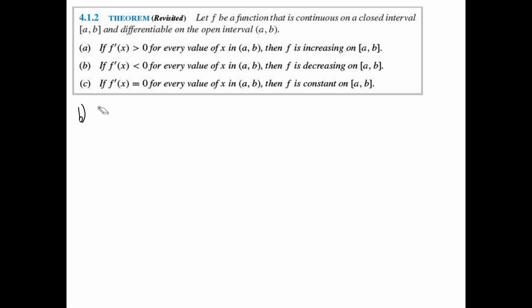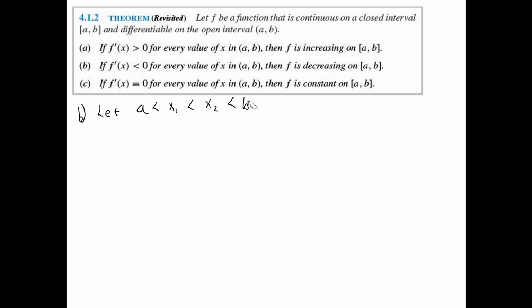Okay, so then let a be less than x1, which is less than x2, which is less than b, right?